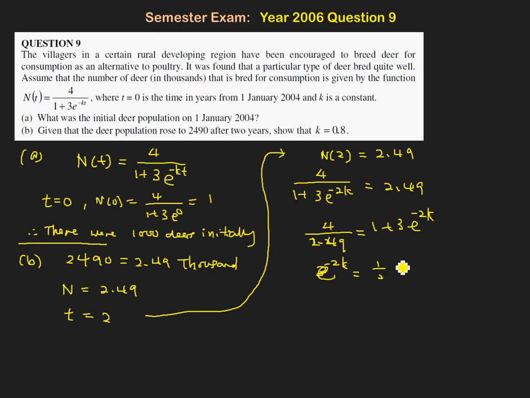1/3 times (4 over 2.49 minus 1), and I'm taking ln both sides.